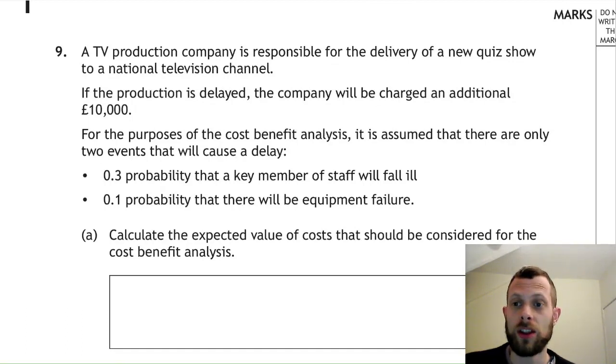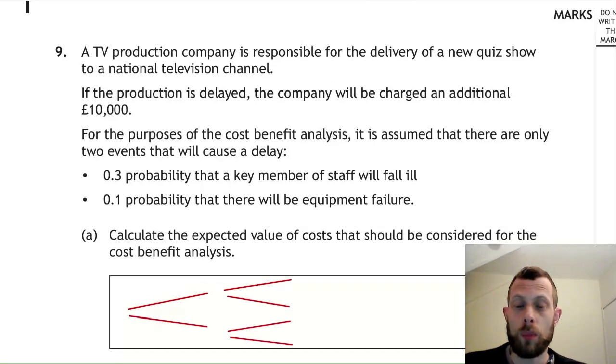So we need to find the probability that there is a delay. One way of doing this is with a probability tree diagram. This starts at the left side and it goes either two ways. One is the member of staff falls ill and the other way is that they don't. 0.3 probability that they do, 0.7 probability that they don't.